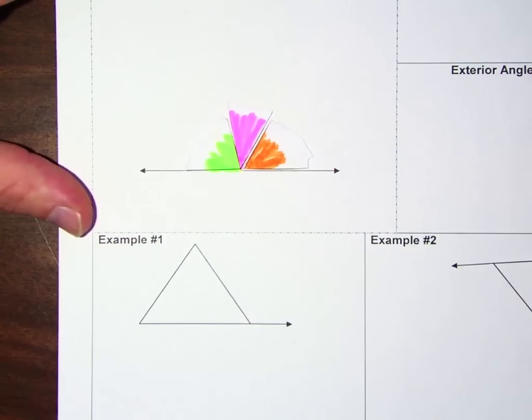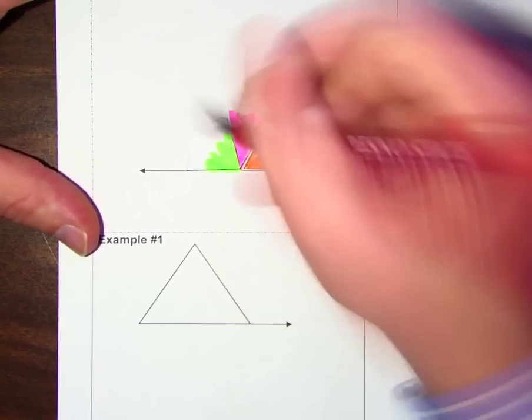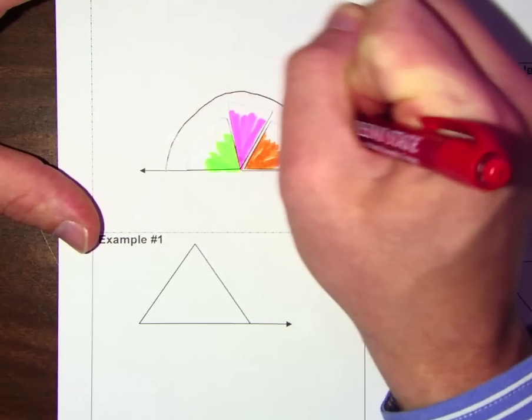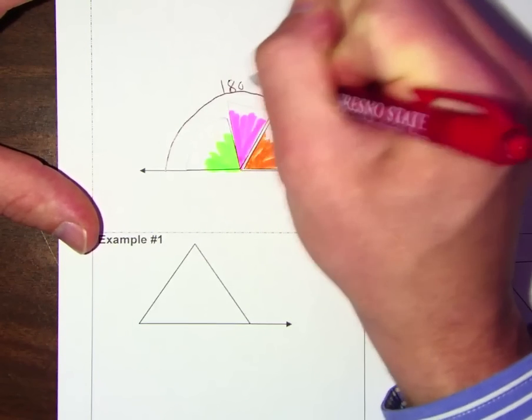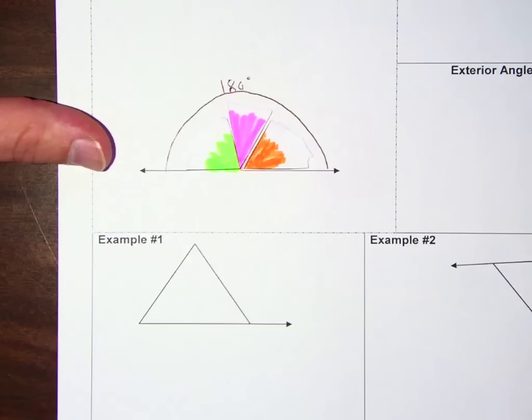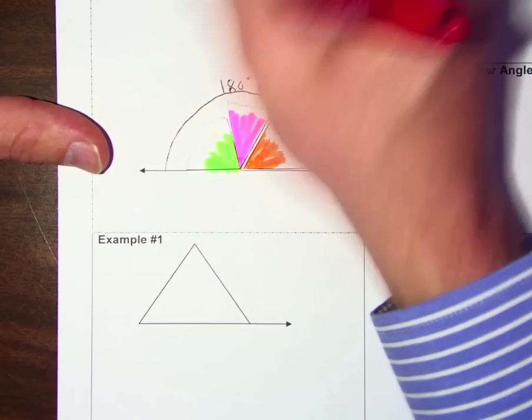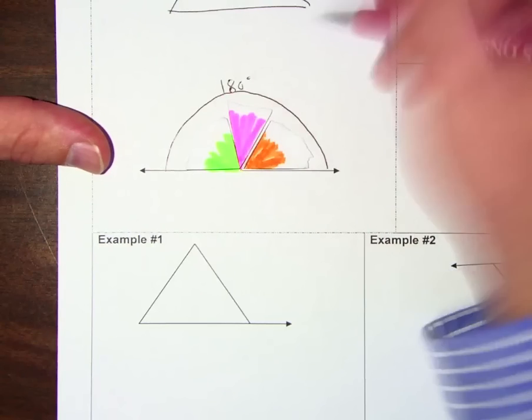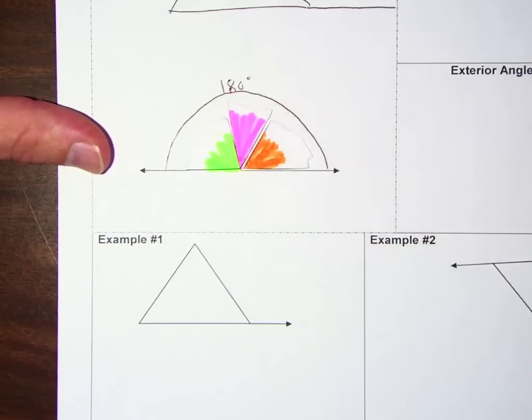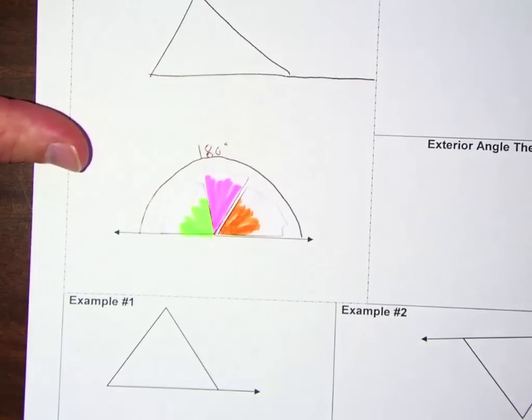And you can already see that's 180 degrees. They make 180. And so if you had that triangle and you were to extend one of these sides, look what can happen.